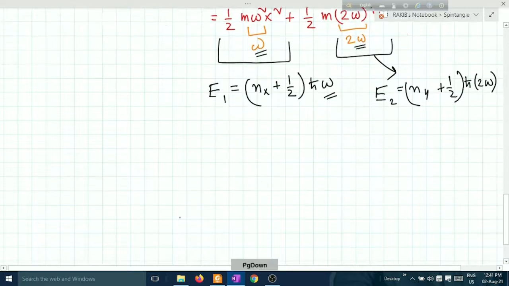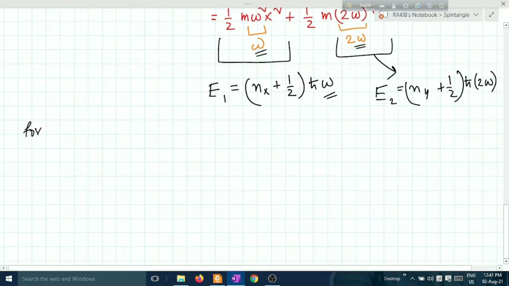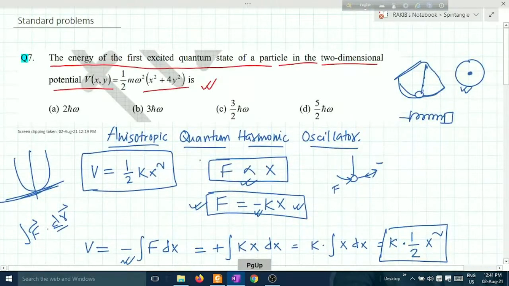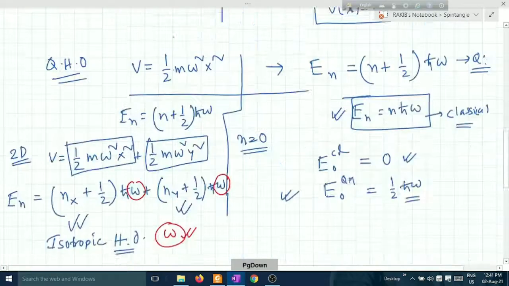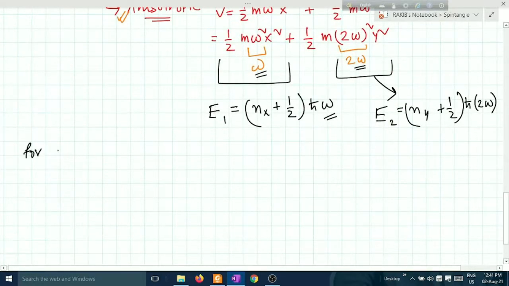Now let us check for the ground state. The question was asked for the first excited quantum state. For the ground state, we can see from this that nx will be 0 and ny will be 0.